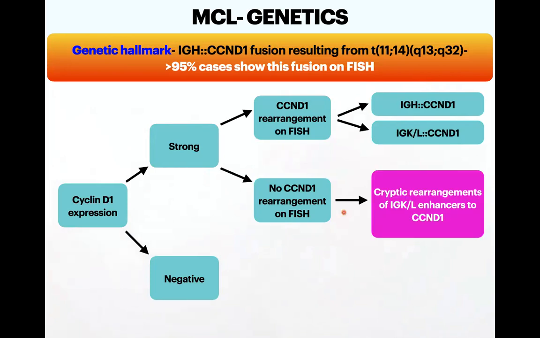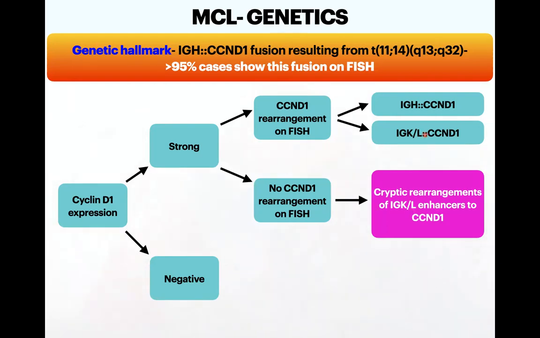They have found on genomic studies that there are cryptic rearrangements of the IgK, kappa or lambda, enhancer to the CCND1. Cryptic rearrangement means it is rearranged, but the rearranged part is so small that it is beyond the resolution of FISH, which is around 50,000 base pairs. If it is shorter than that, you will not be able to detect it on FISH. So that can be found on genomic studies.